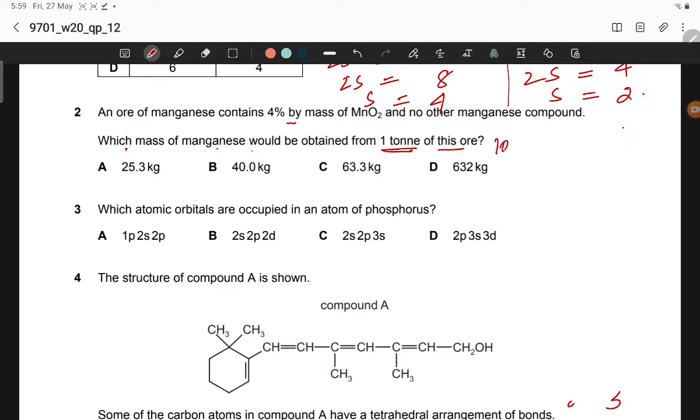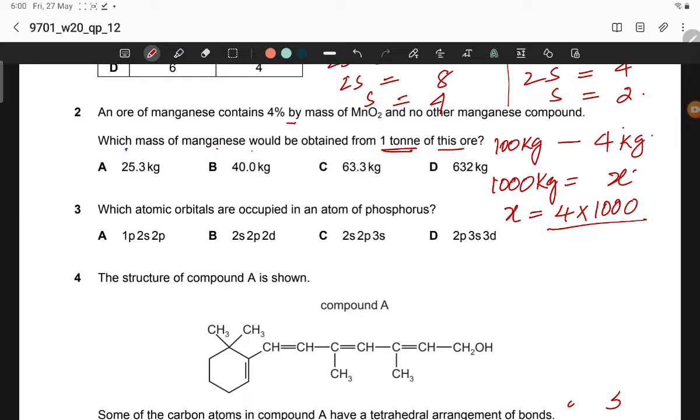Suppose 100 kg contain 4 kg mass of MnO2. 1000 kg is equal to x. x is equal to 4 into 1000 divided by 100, which is equal to 40 kg.